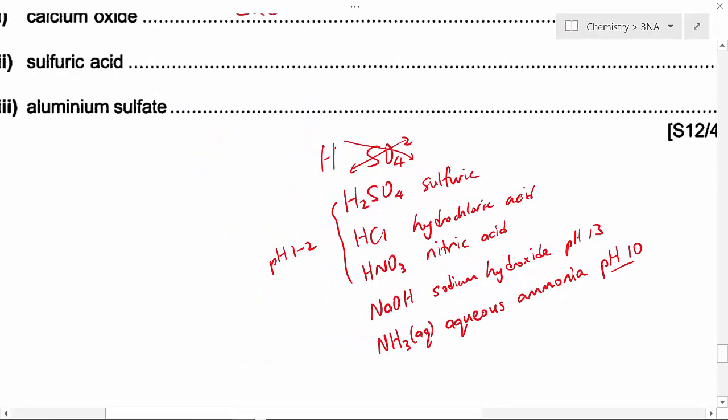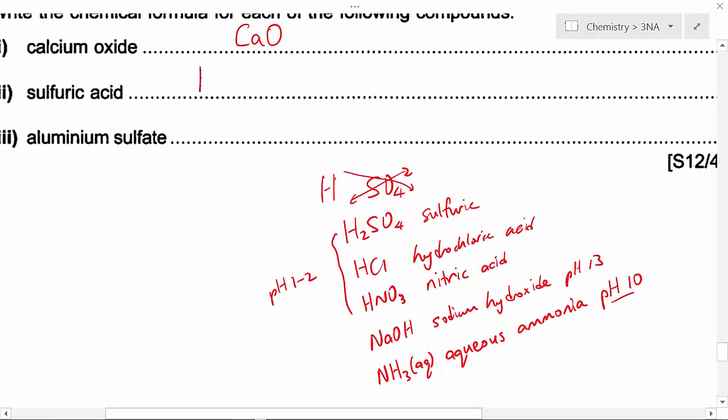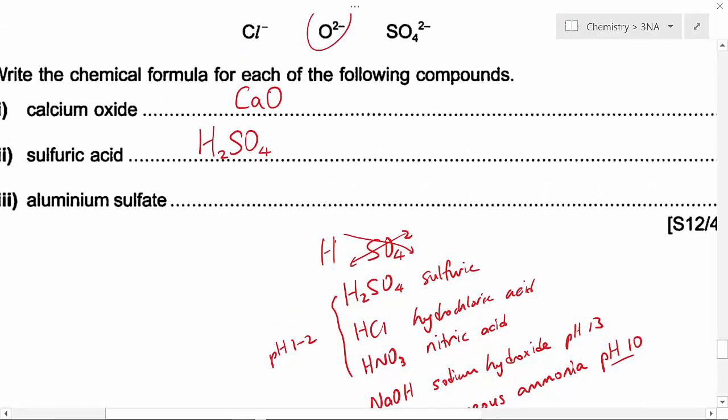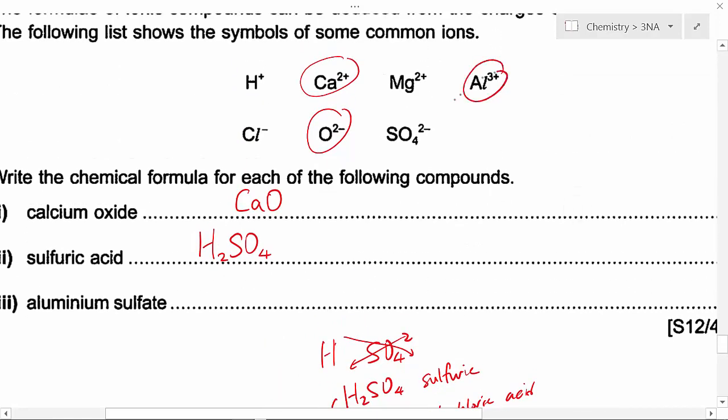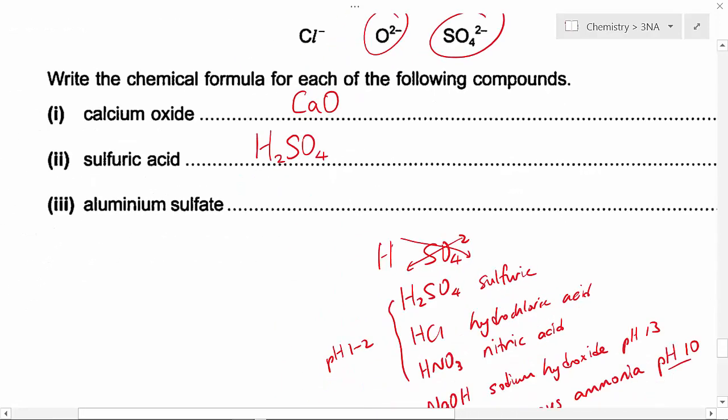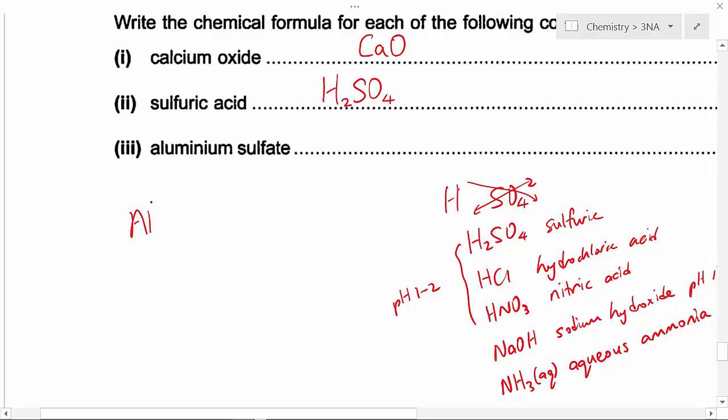Okay, let's move on to finish the question. So sulfuric acid is H2SO4 and aluminium sulfate. Aluminium and sulfate. Okay, let's do the working here. Aluminium 3 plus, sulfate is SO4 2 minus. Now take note of this one. SO4, okay, this is called a polyatomic ion.